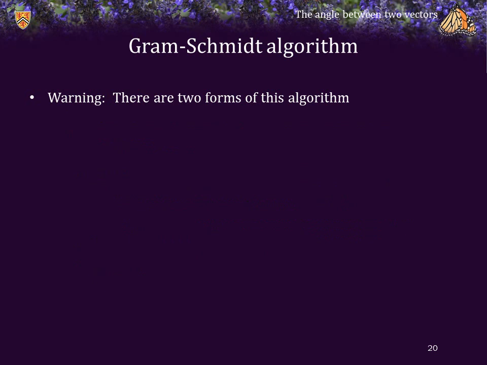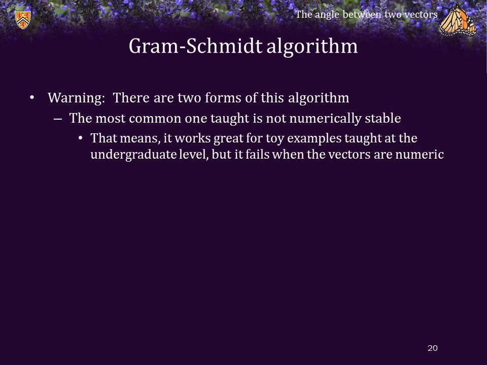Now, one warning. Before you look online, there are two forms of the Gram-Schmidt algorithm. The most common one that is taught at the undergraduate level is not numerically stable. What that means is it works great for toy examples that are taught and given at the undergraduate level, but the algorithm will fail when the vectors are actual numeric values.